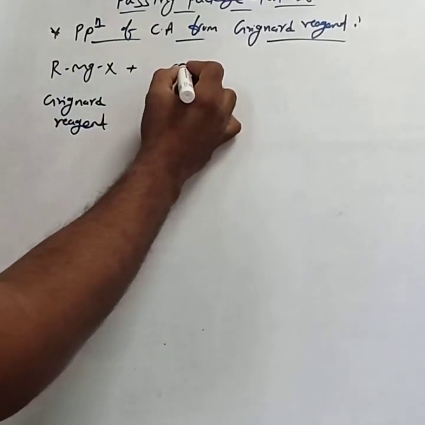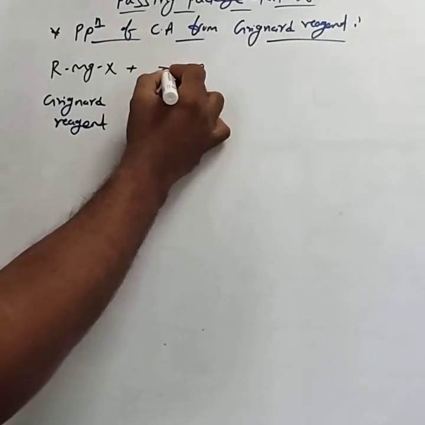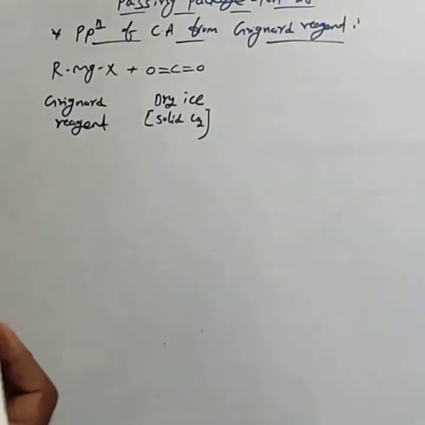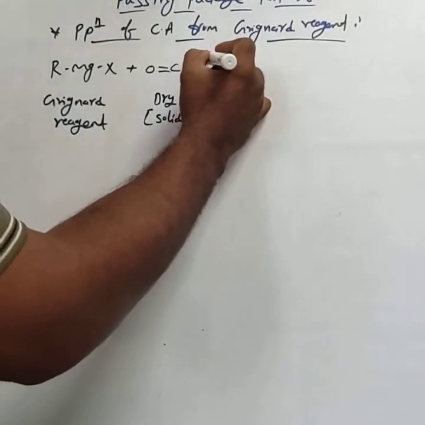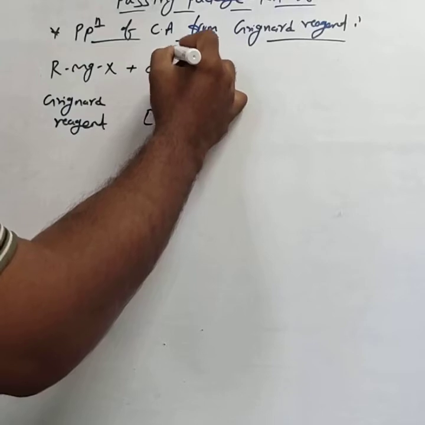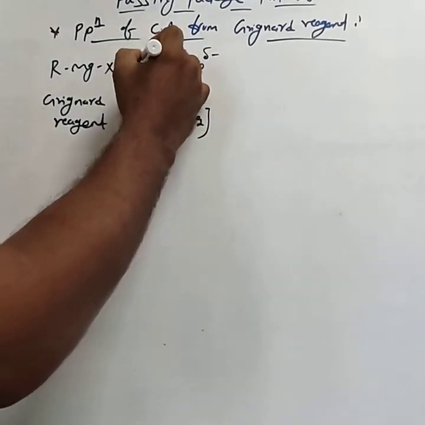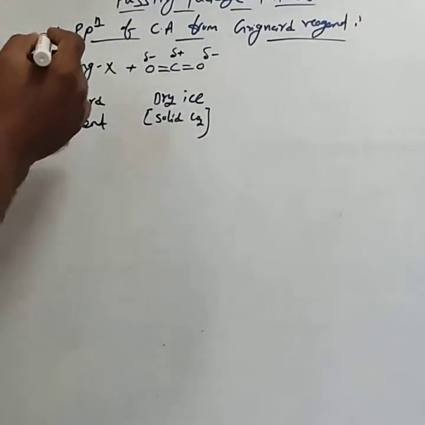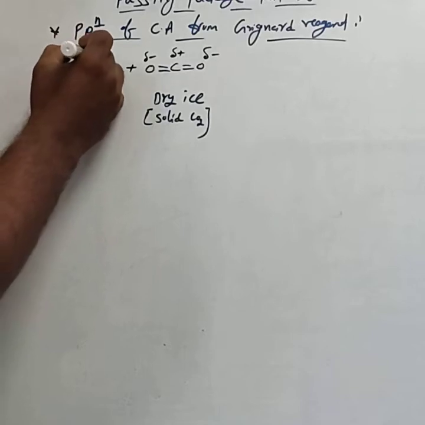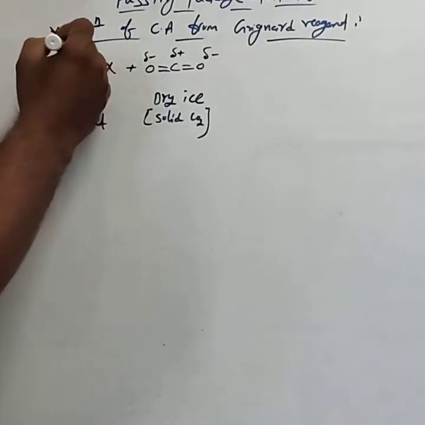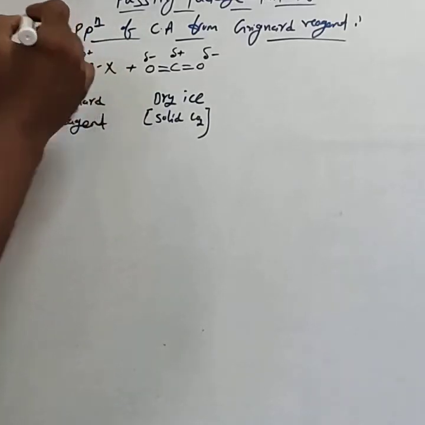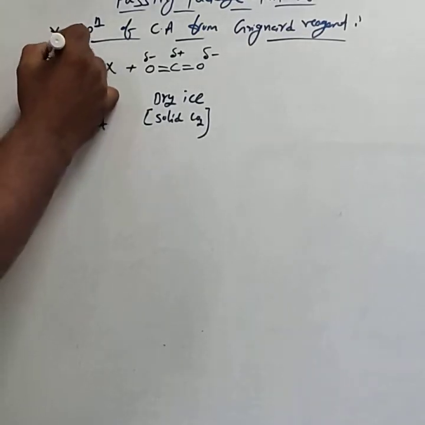For our convenience, take C double bond O. Oxygen is more electronegative, hence delta minus, and carbon gets delta plus. Similarly, in the Grignard reagent, magnesium gets delta plus and the carbon, that is the R group, gets delta minus. Then the negative part adds to the positive part.